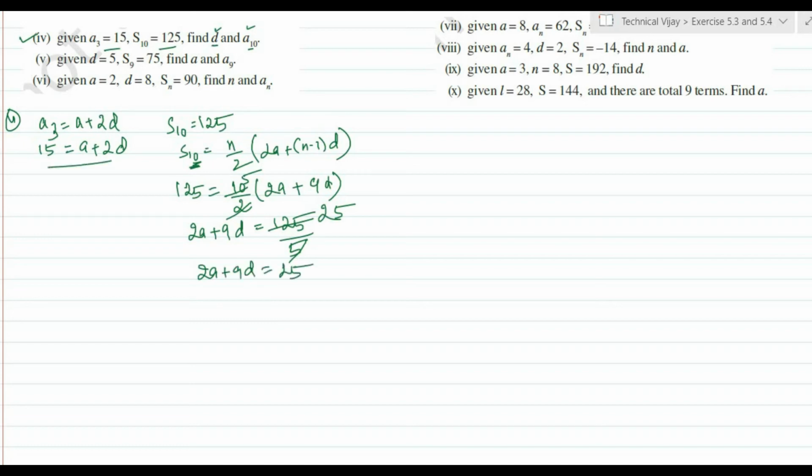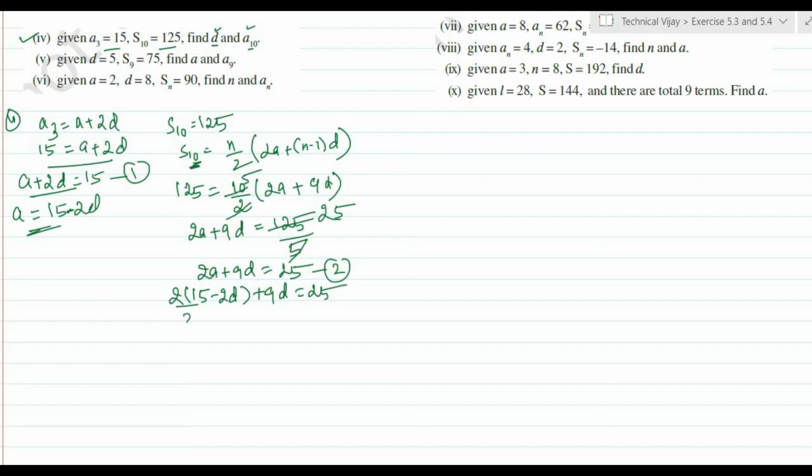See here, this is one equation, A plus 2D is equal to 15, and this is the second equation. So by using these two equations we can calculate A and D. Now we can use the substitution method. A is equal to 15 minus 2D. This value we can substitute in this equation, that is 2 into 15 minus 2D, plus 9D is equal to 25.